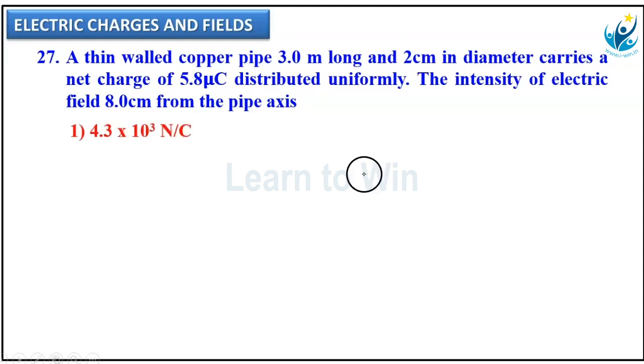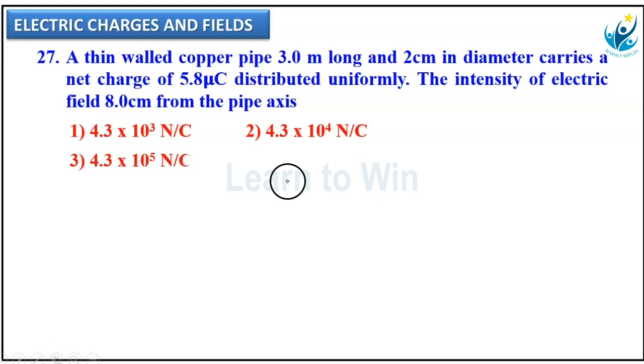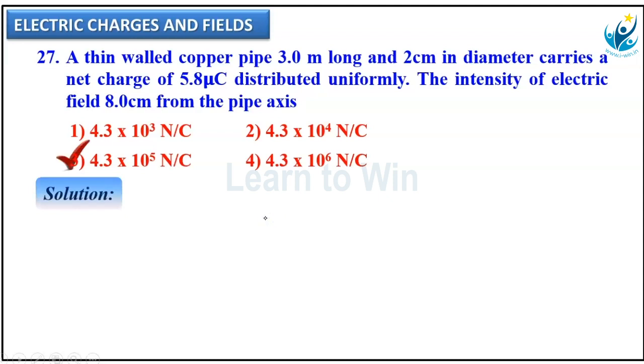The options are 4.3 into 10 power 3 Newton per coulomb, 4.3 into 10 power 4 Newton per coulomb, 4.3 into 10 power 5 Newton per coulomb, 4.3 into 10 power 6 Newton per coulomb. To calculate this, the formula is E equal to lambda by 2 pi epsilon naught x.